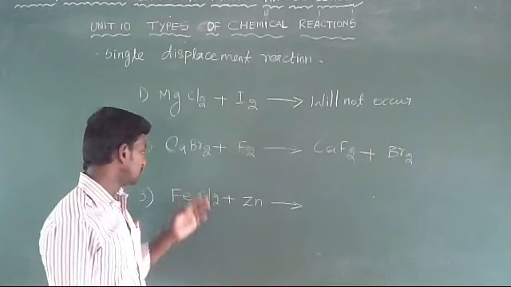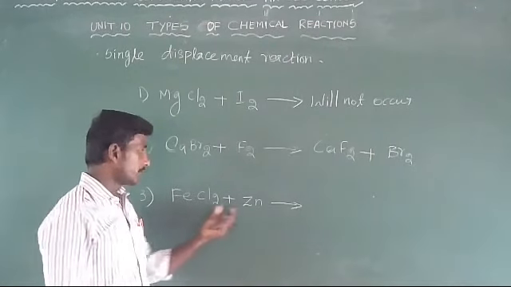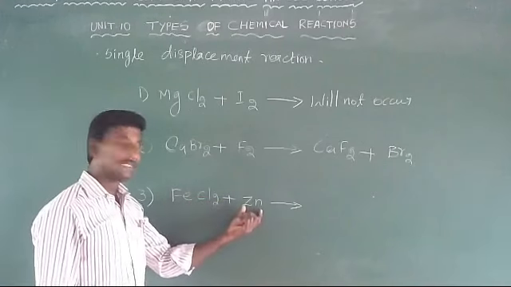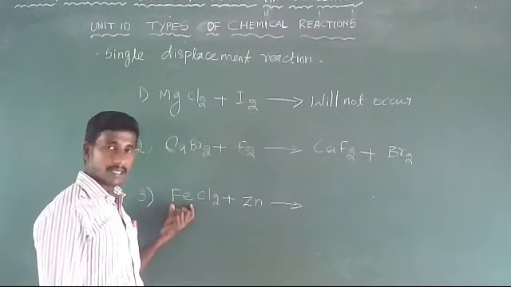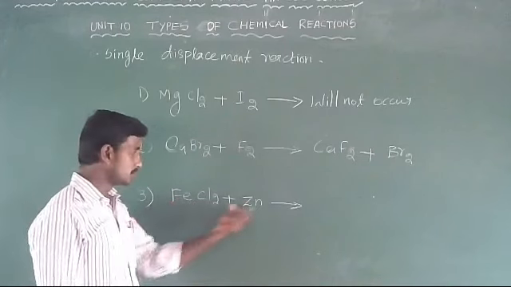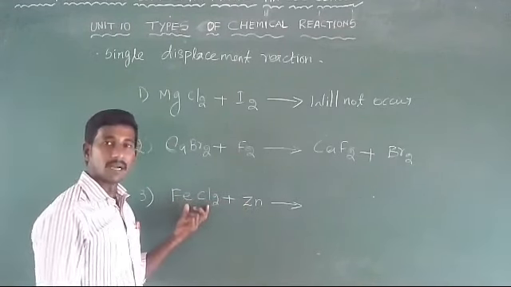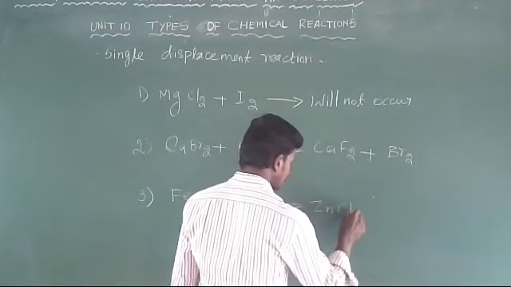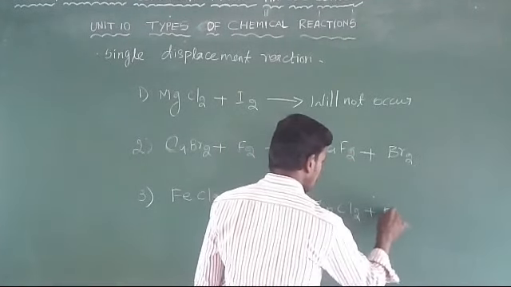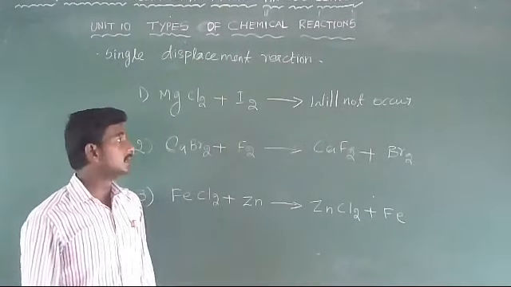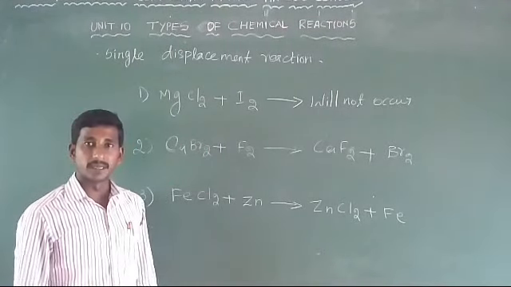Similarly, in the third equation, iron chloride and zinc. Here the zinc is present above iron, so zinc is more reactive than iron. So zinc displaces iron from iron chloride to form zinc chloride and iron. This is the single displacement reaction.